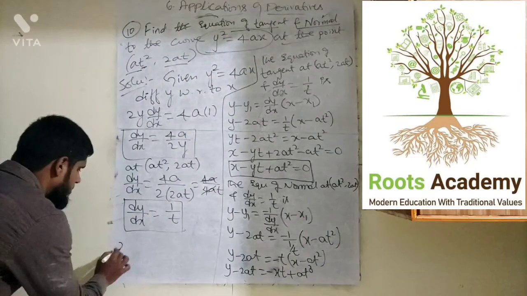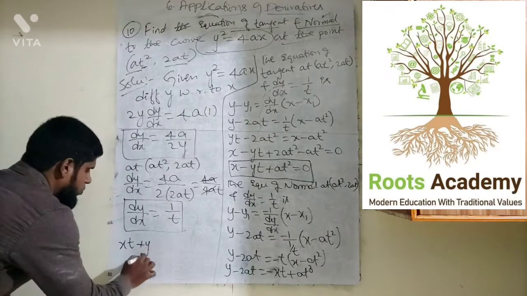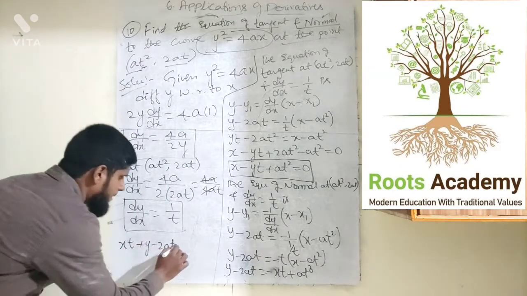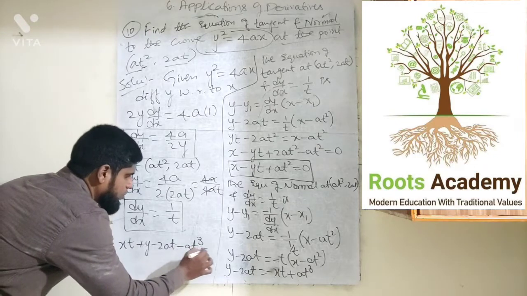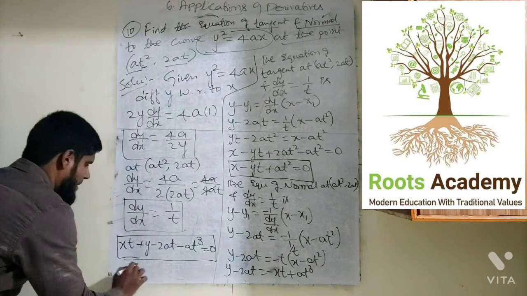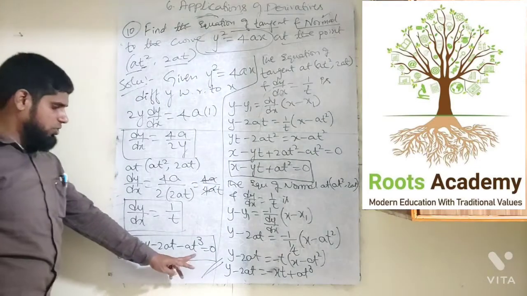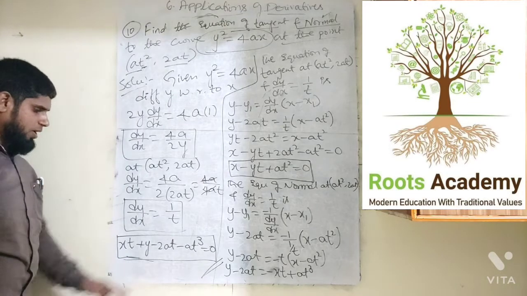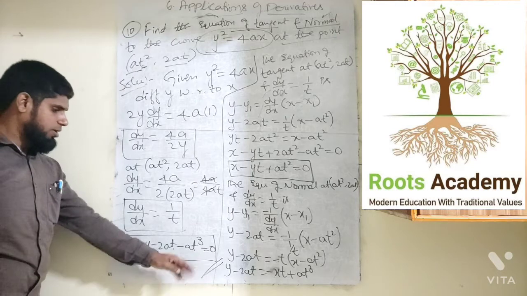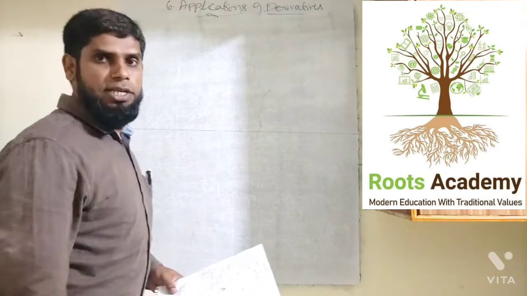That becomes xt plus y minus 2at minus at cube is equals to 0. This is the equation of normal. And if you want, you can take 2at and at common here, or you can write like this itself. Okay, students, now let us go to the next problem.